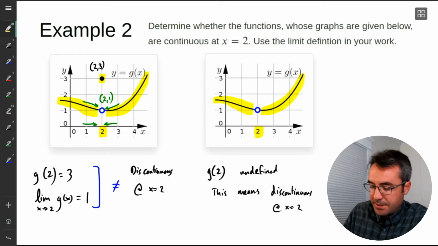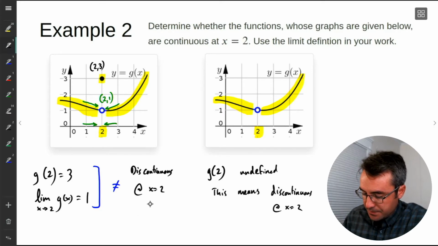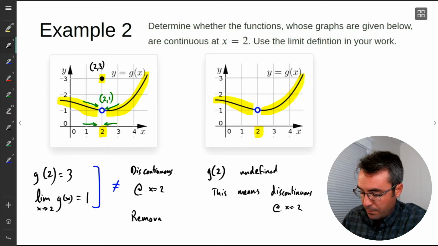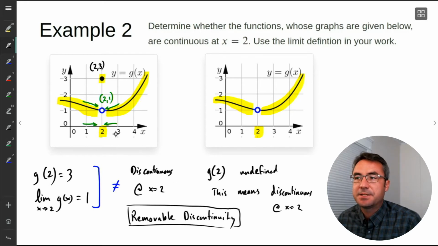So in each of these cases, we sometimes refer to these as removable discontinuities. And the reason is because I could plug this hole and slightly redefine our function so that we have a continuous graph then.